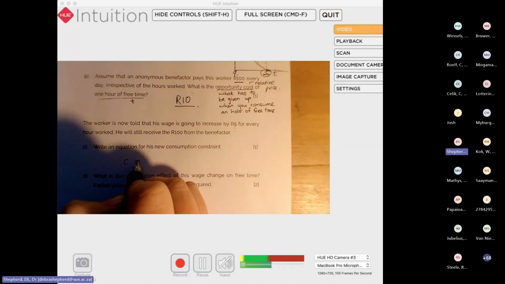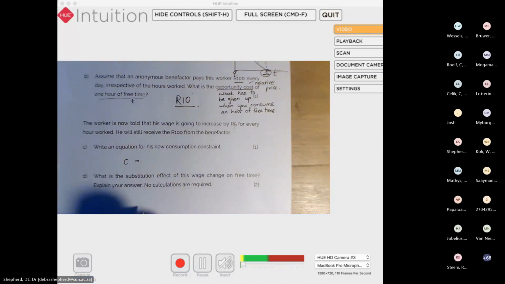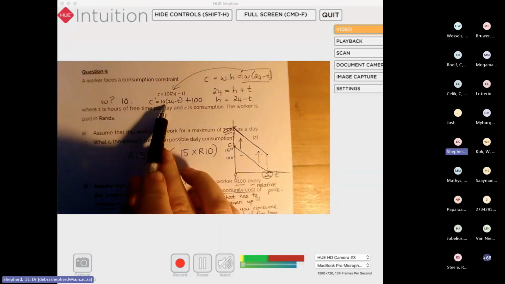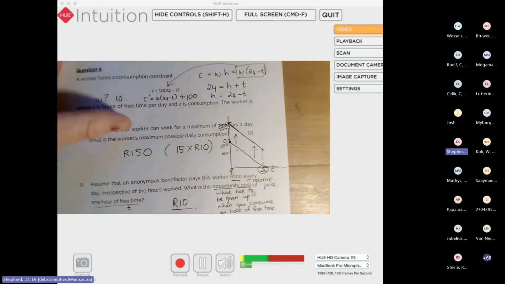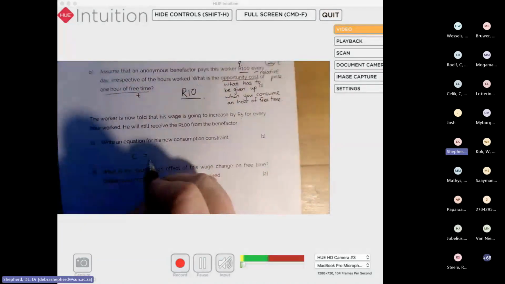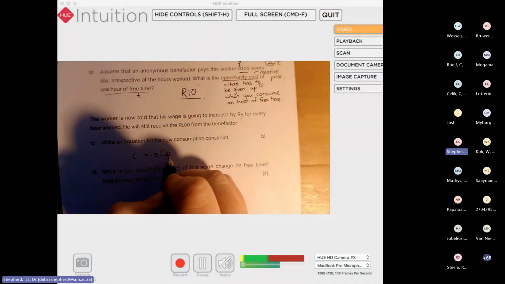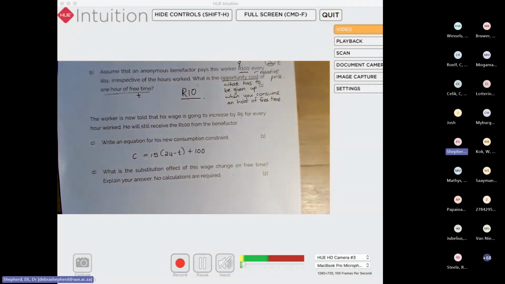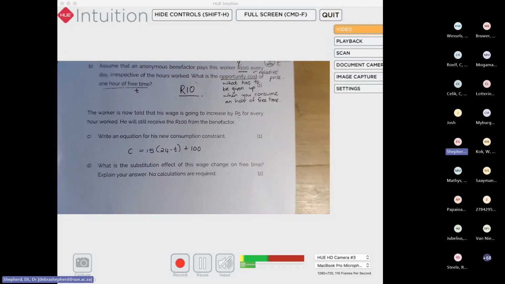So the consumption constraint would be similar to this, but now this value of 10 would be 15. So it would be 15(24 minus T) plus 100. So this would be the new consumption constraint. Perfect.